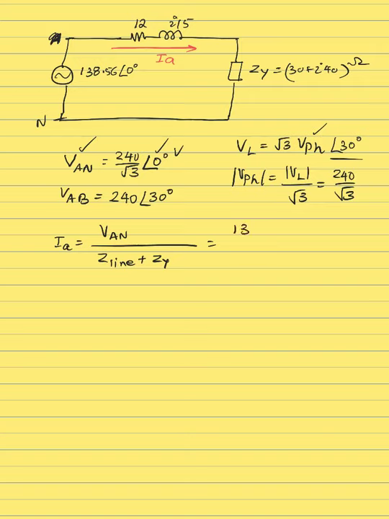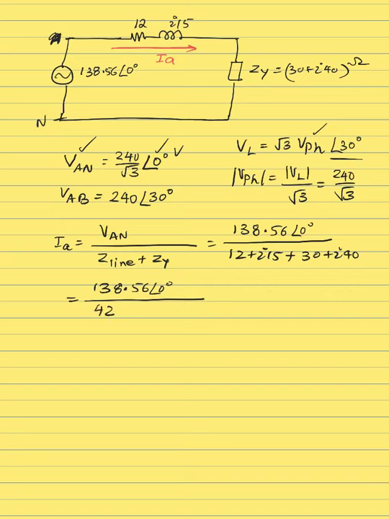So it is 138.56 at an angle of 0 divided by 12 plus j15 plus 30 plus j40. Simplifying, 12 and 30 is 42, so 42 plus j55. Converting this to polar form, it is 69.2 for the amplitude, and the angle is, of course, positive 52.63.